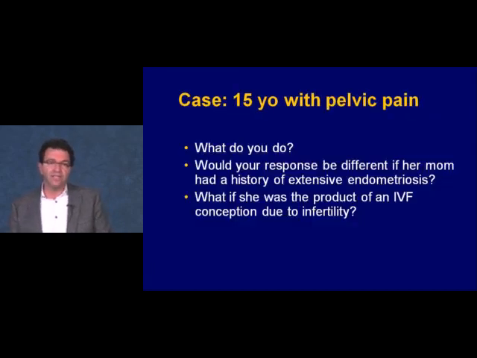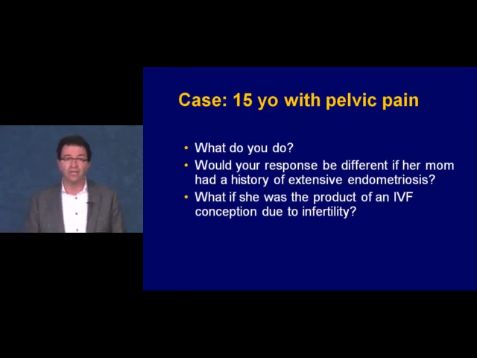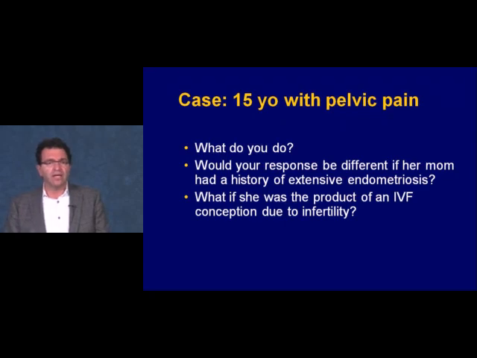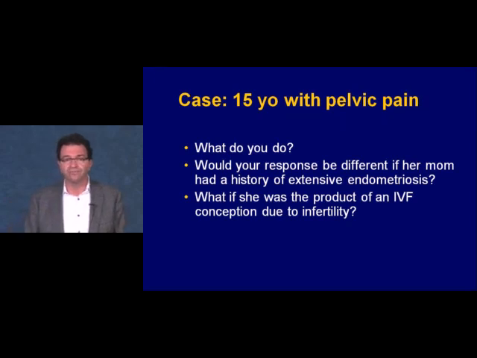So let's look at a 15-year-old with pain. What do we do? Would your response be different if her mother had a history of extensive endometriosis? Do you ask your patients' mothers if they had a history of endometriosis, or a paternal aunt or a grandmother? I think we should be doing that, because if we could find endometriosis in young women, we can improve their future.